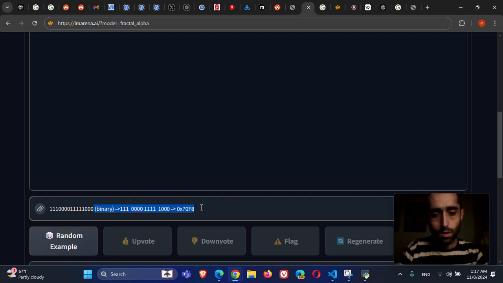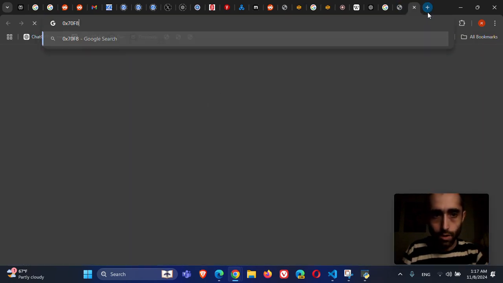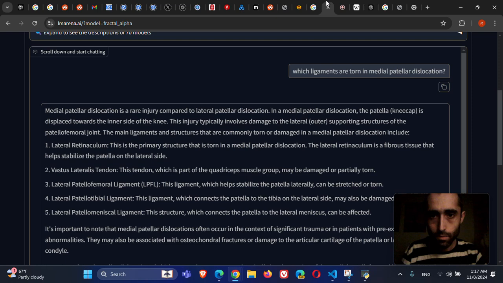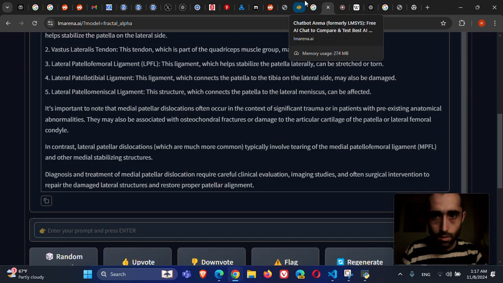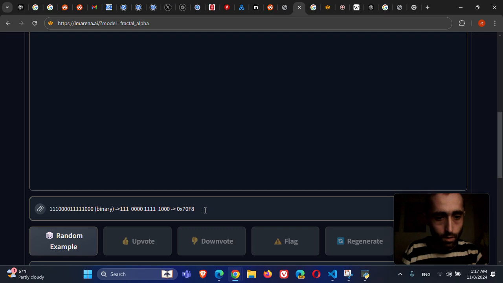Maybe I should take this so we can remember the value. Let's put it right over here where I'm at. Okay, so let's see if we can do that. Binary, convert it to hexadecimal, please.